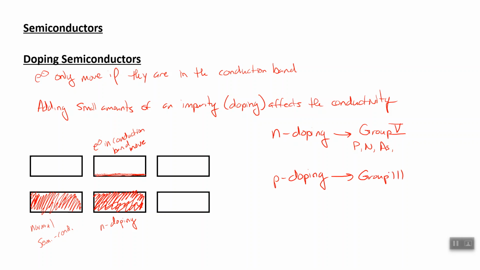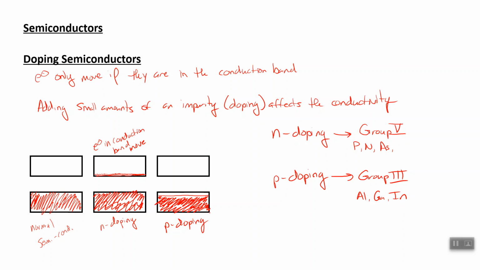That is group 3 elements, so things like aluminum, gallium, indium, etc. If you add in p-doping, then you have elements in there that don't have enough electrons to fill the valence band, and so instead your valence band, let's see how good at drawing I am, ends up with this kind of thin line of emptiness right at the top. So the very highest energy orbitals in your valence band don't ever get filled. This is p-doping.